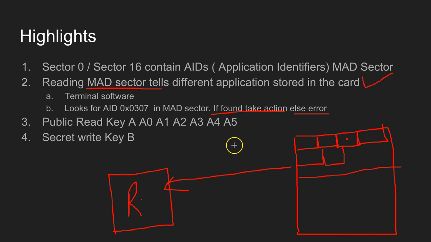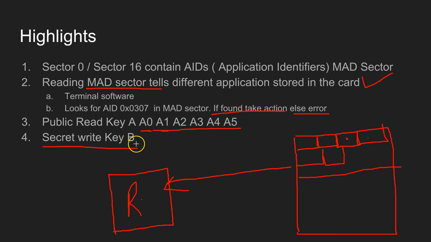And we also know from the last videos, the public read key is very much used. This is used to read the MAD sector, and the value of the public key is A0, A1 up to A5. Now this is the public key A. Mifare Classic tags have two keys, A and B. So key A, called the public key, has a value A0 to A5, whereas key B is not a public key.